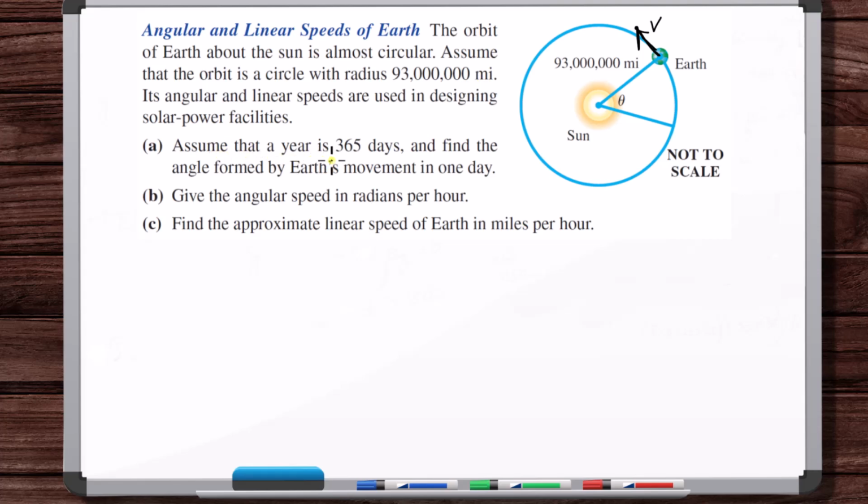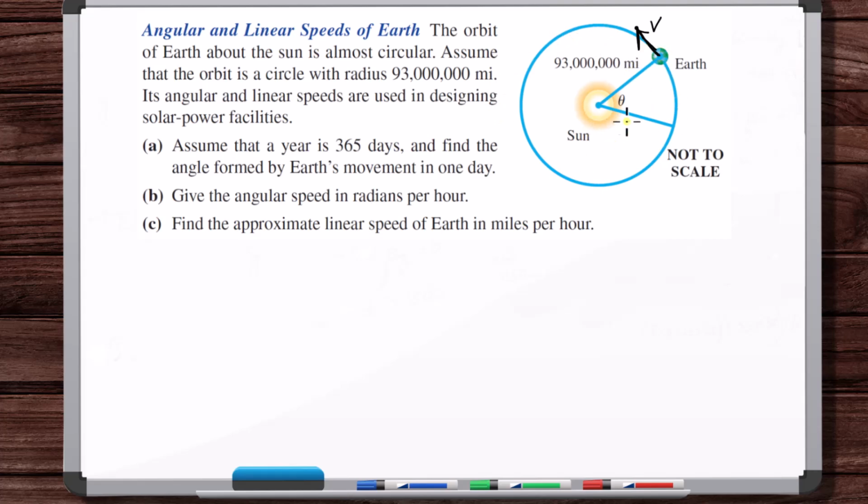Assume that a year is 365 days and find the angle formed by Earth's movement in 1 day. Okay, so we're assuming that the angular velocity of the Earth is constant, and I'm sure that's a really good assumption, right? It's not like the Earth, when it's coming around one part of the sun, is going faster than in other parts.